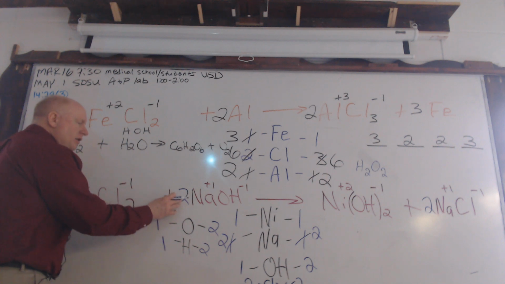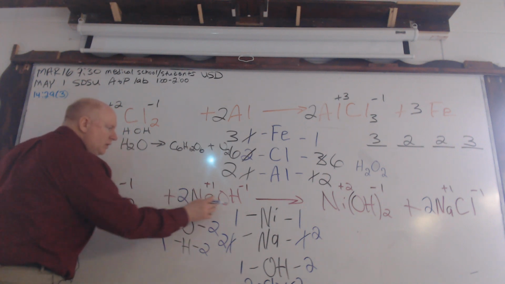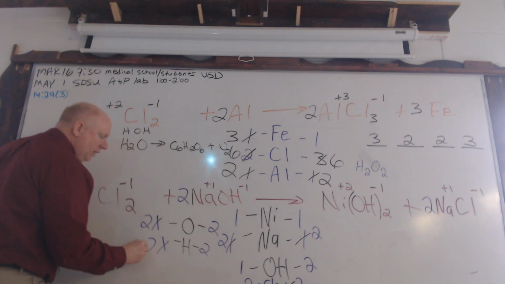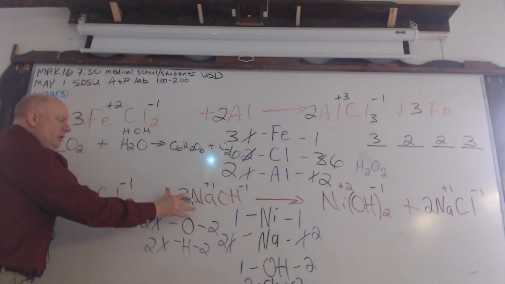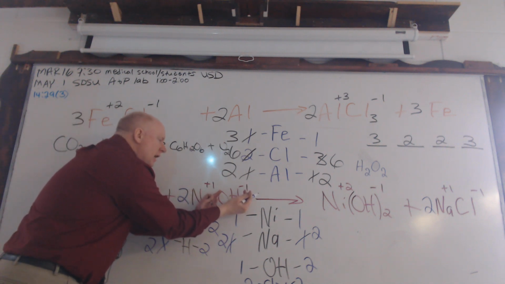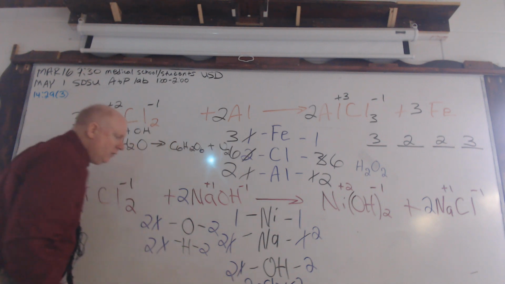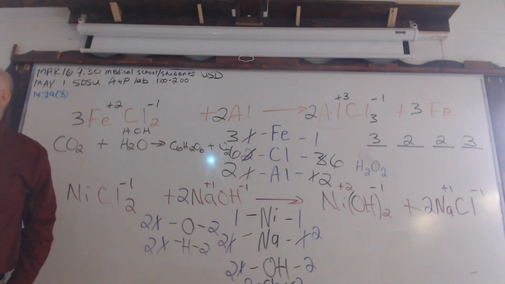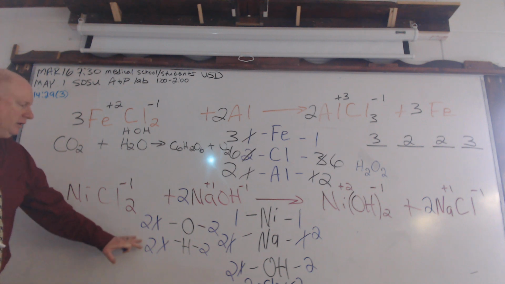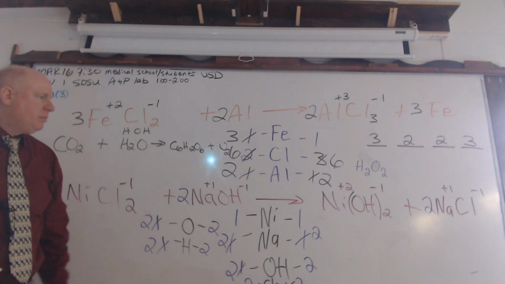For oxygens, 2 times 1. Hydrogens, 2 times 1. Okay? Or if you kept them together with your hydroxides, 2 times 1 hydroxide gives you what? So what does that look like to you? Stable. It's balanced. You can keep them together as hydroxide, or you can split them apart.